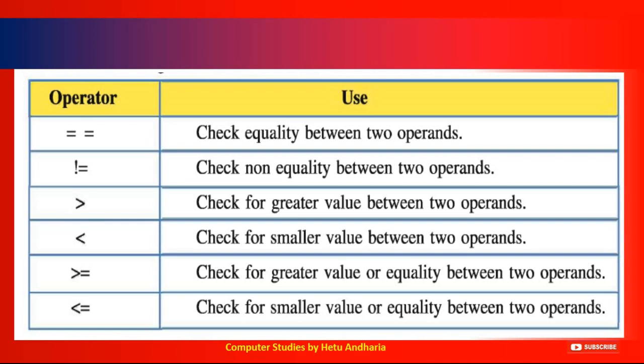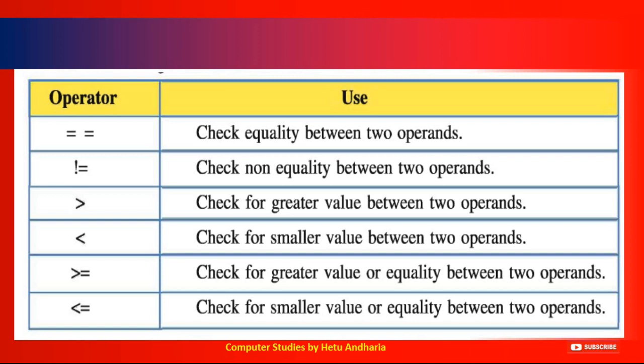Greater than, you know, checks for the greater value between the two operands, and smaller than also checks for the smaller value between two operands. You all are very knowledgeable people. Then greater than or equal to checks for a greater value or equality between two operands, and smaller than or equal to checks for a smaller value or equality between two operands.